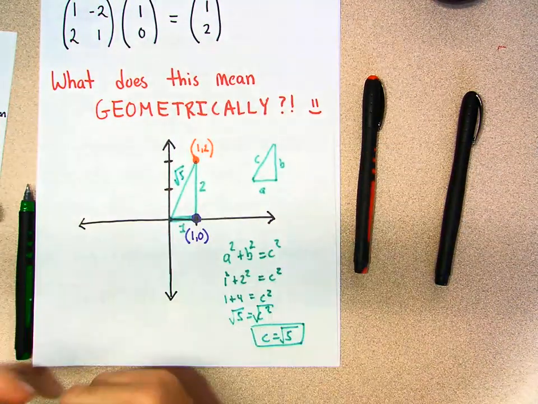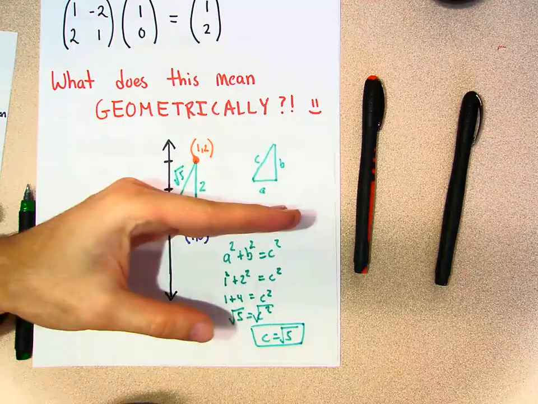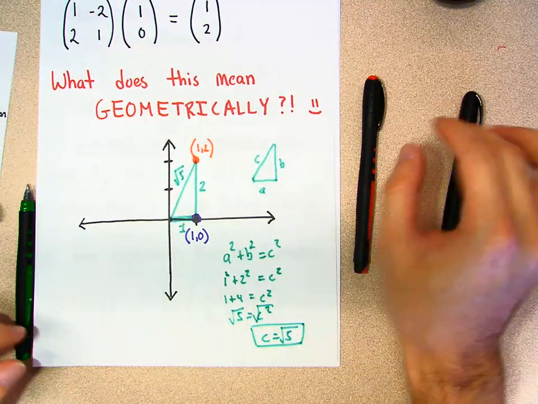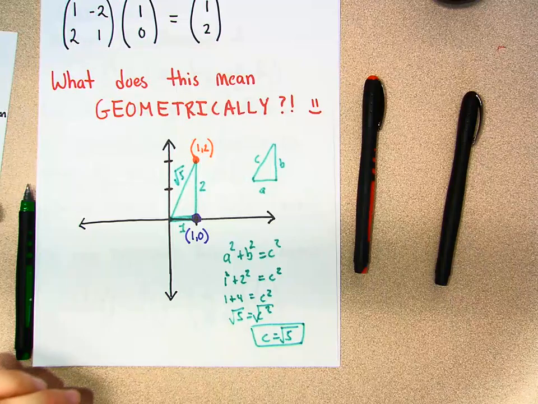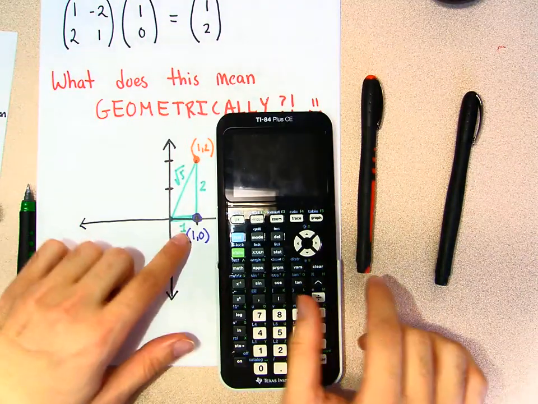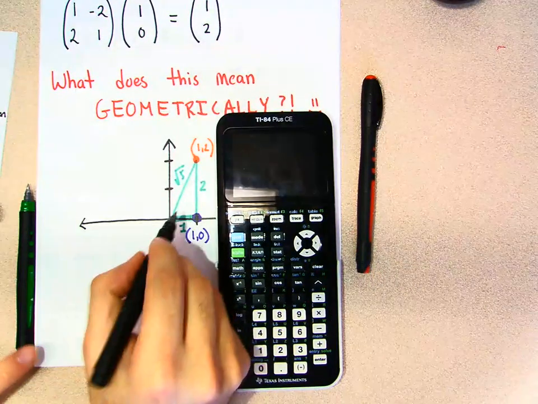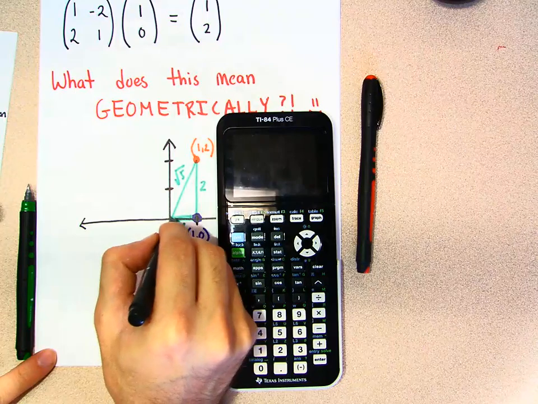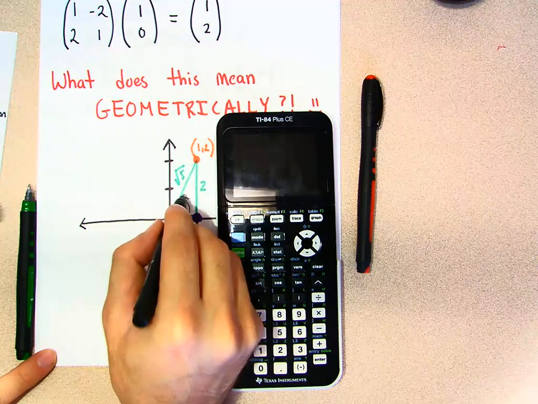Okay? What will be our degree of rotation? Well, how can we find that out? Here, we need to use our calculator to find the argument from here to here, right? How much rotation is happening?